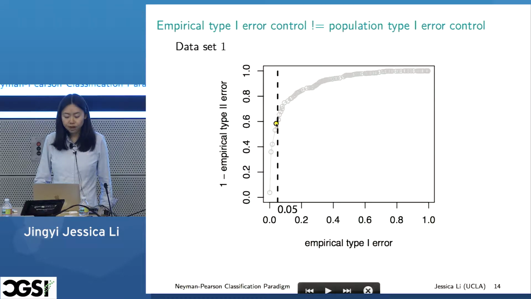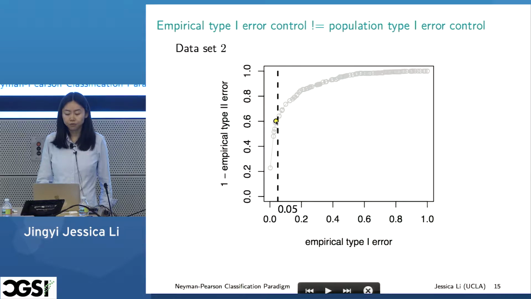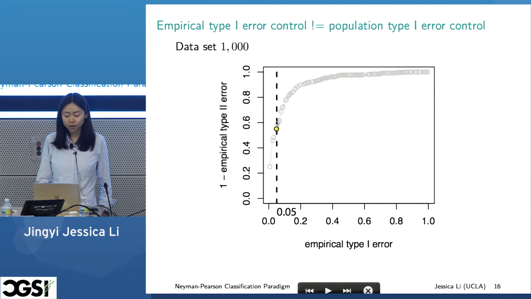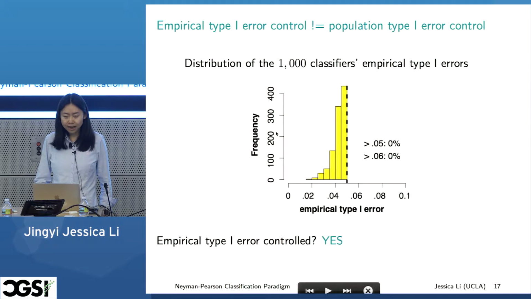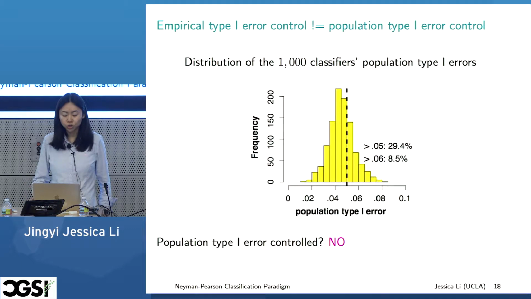So if we plot the test empirical type 1 errors of those classifiers, of course, the way we chose them will guarantee they are all below 5%. However, if we evaluate their population type 1 errors using our closed form formula, you see that a large percentage of them are actually above 5%, which means that we cannot use this simple approach to guarantee population type 1 error control.